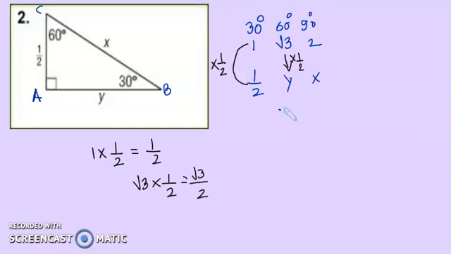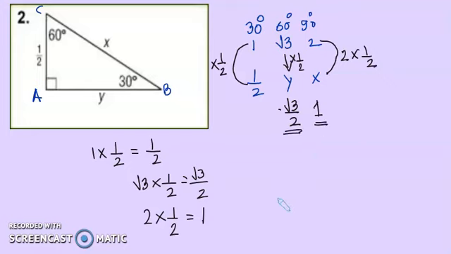So the value of y will be root 3 by 2. Similarly, this is 2 and you have to multiply it by half, so 2 times 1 by 2 gives you 1. So this x will be 1. So the values of y and x are respectively root 3 by 2 and 1.